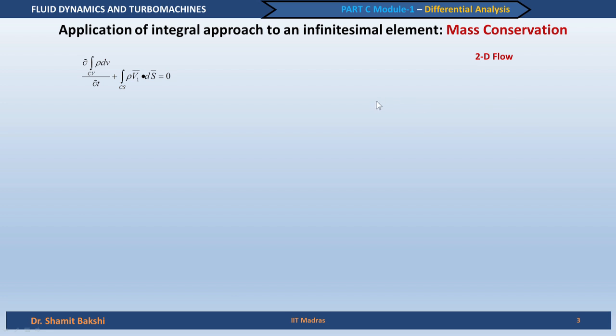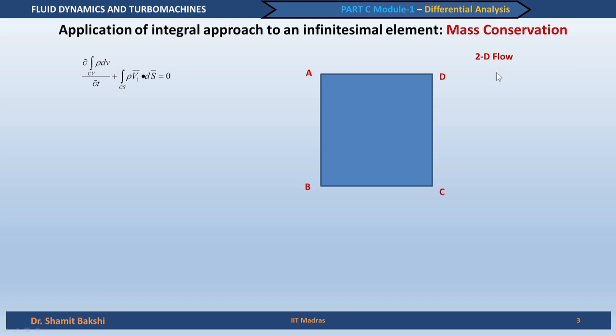To simplify our derivations in this chapter, we always consider 2D flow, a 2-dimensional flow. If we understand the concepts, we can easily extend this to a 3-dimensional flow. So, we begin with a small infinitesimal control volume which is given as A, B, C, D. The vertical direction is the y axis and the horizontal direction is the x axis.